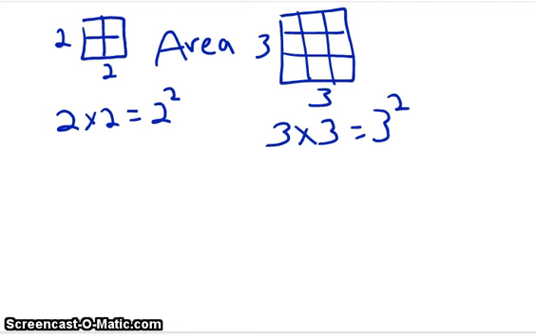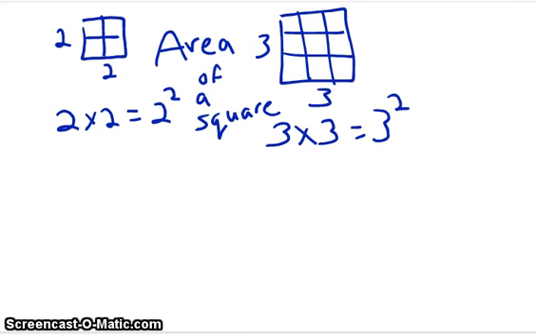Every time you're finding out the area of a square, you will have an exponent with the power of 2 because it's the side times the side, which would always be the sides to the power of 2. Well, mathematicians got tired of saying to the power of 2, and so they said since every time you have to the power of 2, it's the area of a square, you can say squared instead.